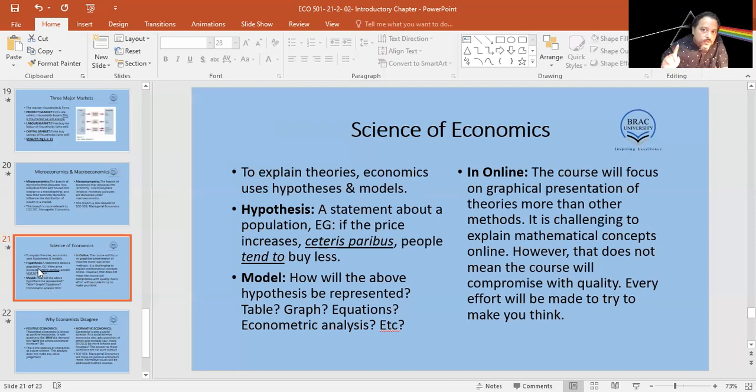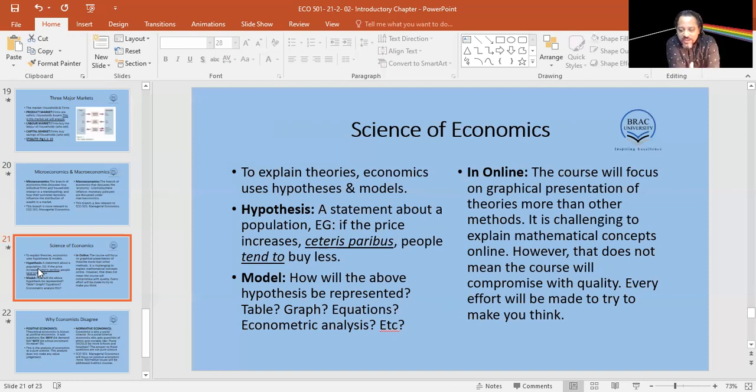Now the question is why. I will be looking at mathematics, but with less emphasis, because in an online class, from my experience in the previous semester, I have found that explaining mathematical concepts online is very challenging. So we will be focusing more on graphs.